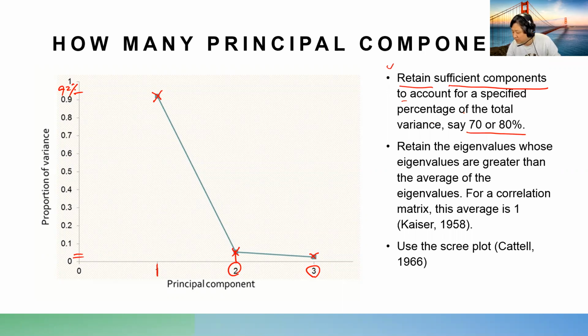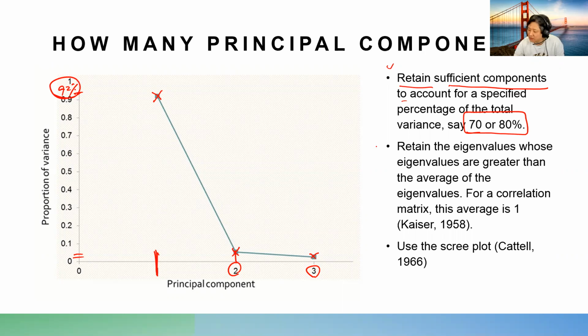This is a rule of thumb. We generally select 70% or 80%, okay? If two principal components explain at least 70% of your total variance, then we will select 2 principal components. In this case, a single principal component explains 92%, so we just choose that.